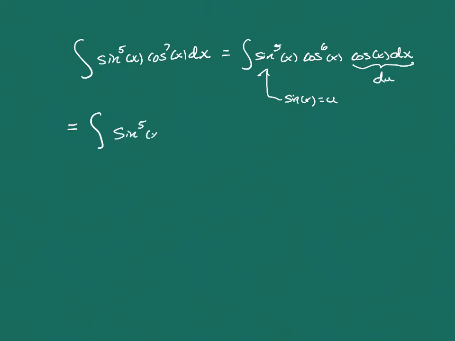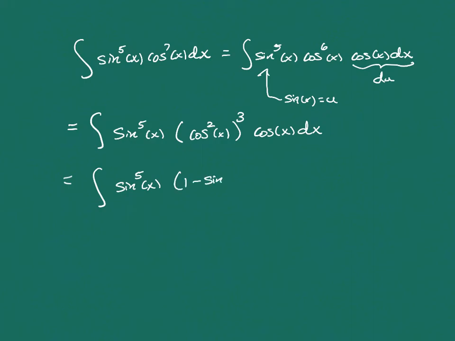So I've got sine to the fifth, and now I've got cosine squared, cubed, to give me a cosine to the sixth, and then I've got a cosine of x dx. Then I can convert with my trig identity: my 1 minus sine squared becomes my cosine squared. So I've got all of that raised to the third power, cosine of x dx.